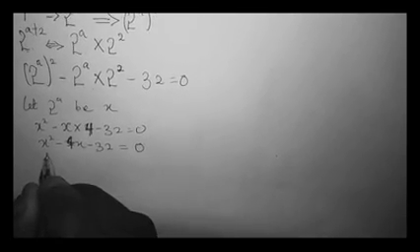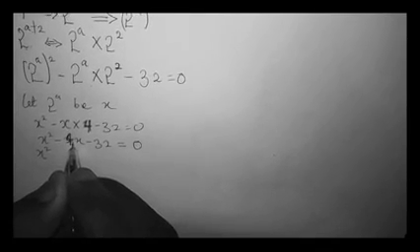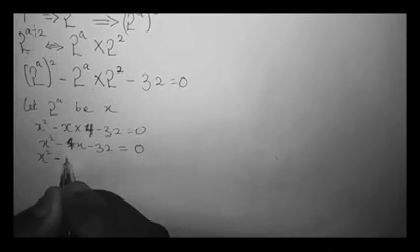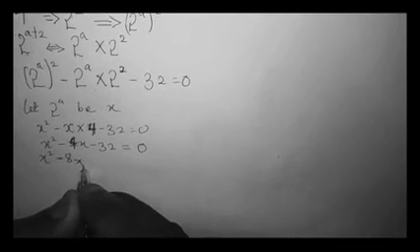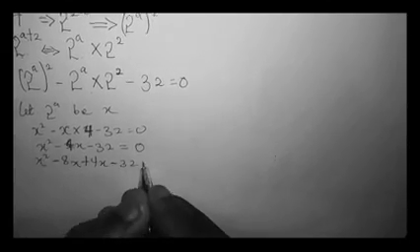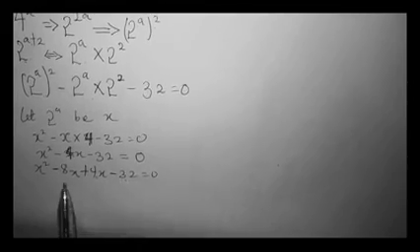So in the factorization method, that will be x squared, then I express this into two factors, minus 8x plus 4x minus 32. I'm sure you got that, because minus 8 times 4 will give you minus 32, and minus 8 plus 4 will give you minus 4.